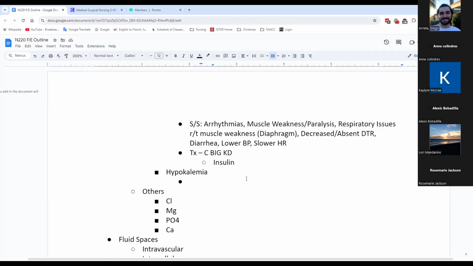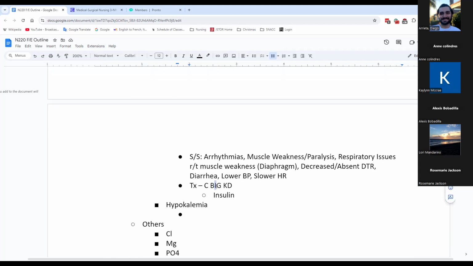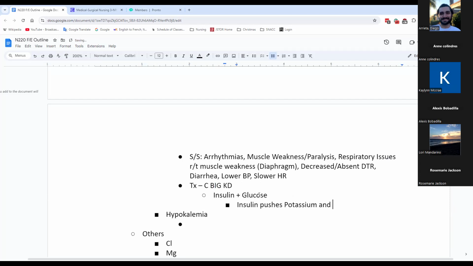No. The I and the G stand for insulin plus glucose. The basic idea is insulin pushes potassium and sugar into the cells to be used. Think of insulin like the key, and it utilizes some potassium to open that door so sugar can get into the cells to be used for energy.